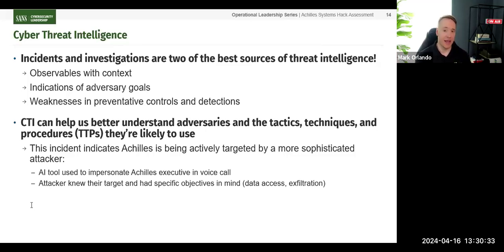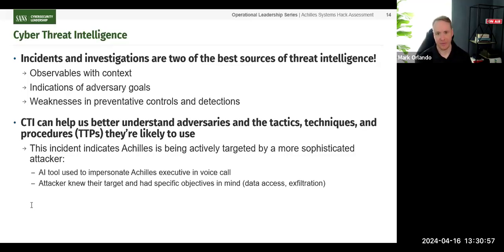We have some indication of what the goals of the adversary were. In this case, sensitive data, clearly they were after. We can see very clearly what the weaknesses are in our preventative controls and our detections. So that cyber threat intelligence can help us better understand these things and design our controls and our detections to match, right?